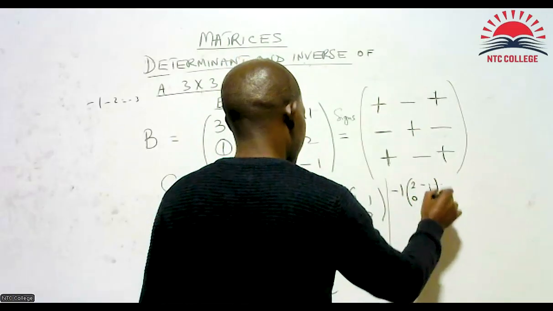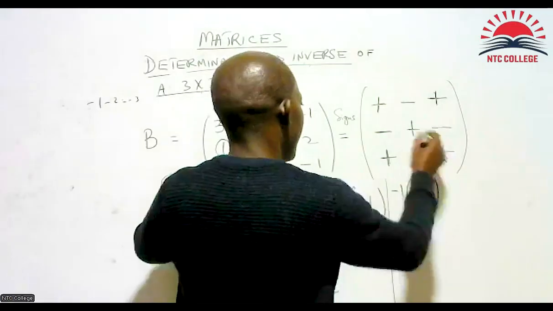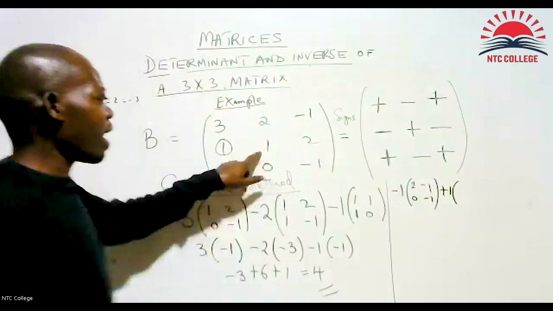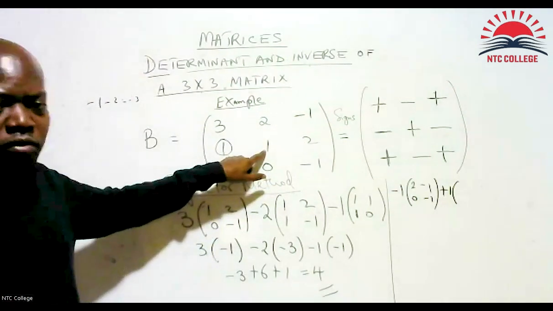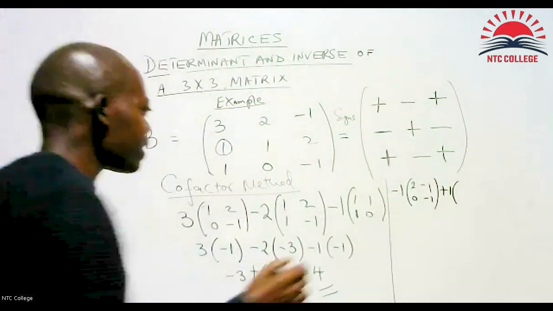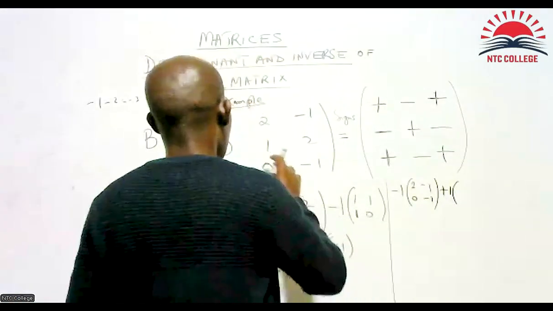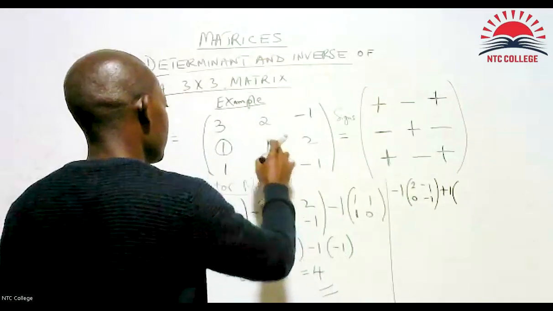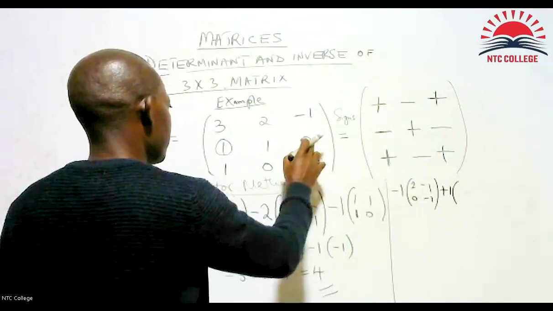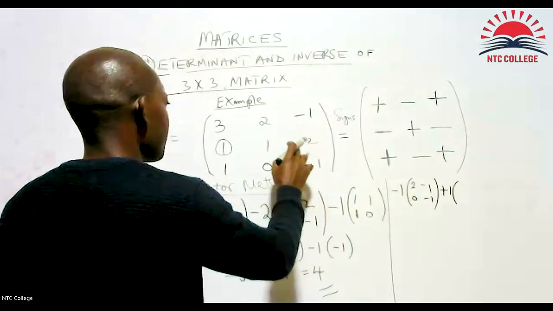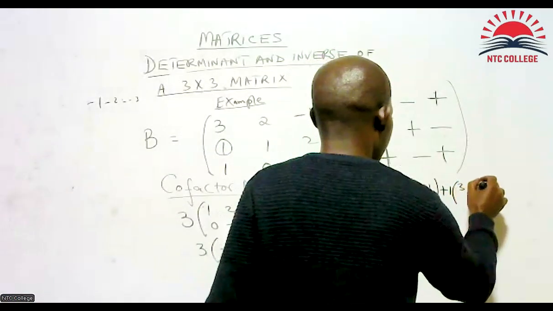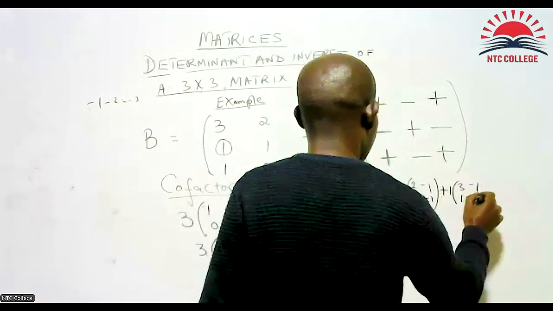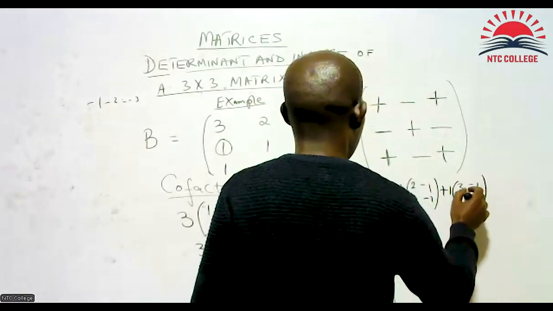The second sign is plus, 1 into, now I'm still in row 2, but now I have to add plus 1. Yes, accordingly it is plus 1 into. For this one, I ignore its column and row. I'm left with 3, -1, 1, -1. Close the bracket.